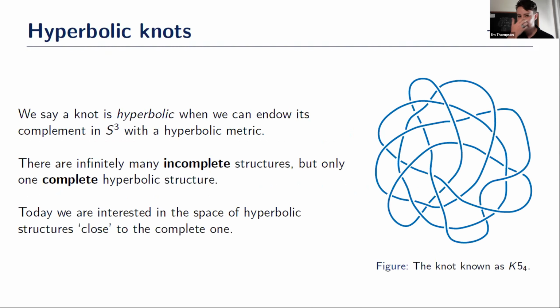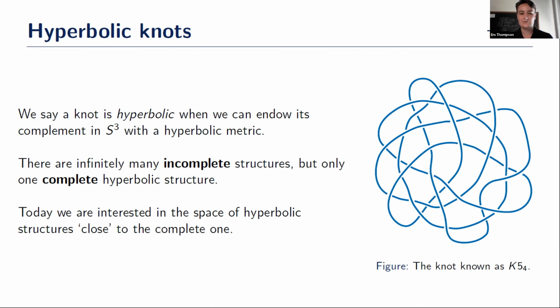Okay, so hyperbolic knots are our sort of context. Everything I say will pretty much apply to any cusped hyperbolic three manifolds. But for simplicity, we're going to restrict focus to knots in S3. So we say a knot is hyperbolic when its complement can be endowed with a hyperbolic metric.